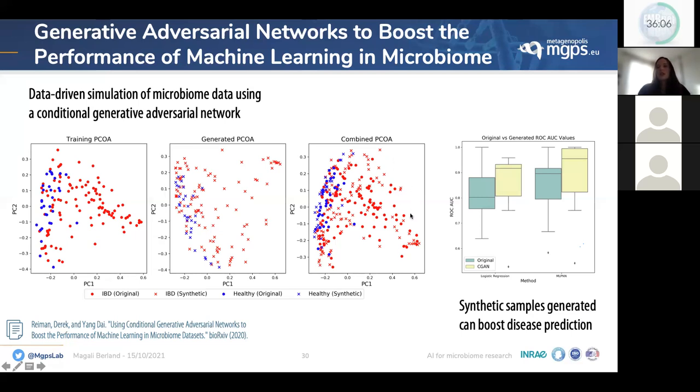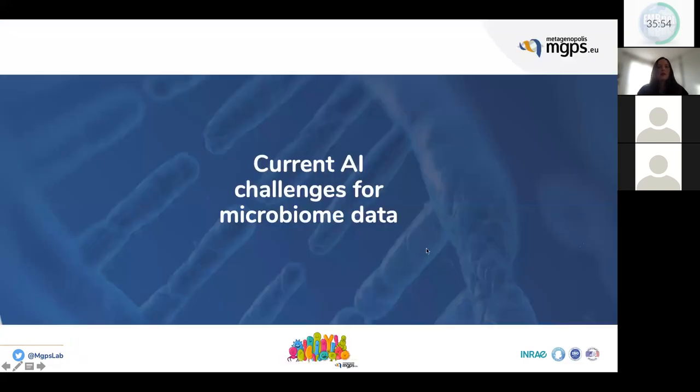They conclude that synthetic samples can boost disease prediction, and I found that quite an interesting result. So we are done with this application part, and we are now going to discuss some challenges in artificial intelligence for microbiome data.